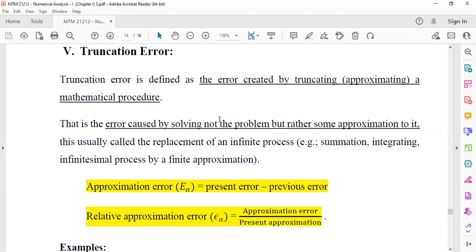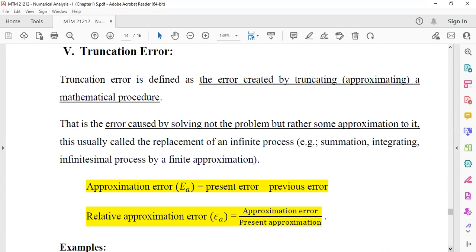So the problem is not the error, the approximation is the error. This is usually called a replacement of an infinite process. Like 3.14 something goes up to an infinite number, so we cut it off somewhere. Summation, integration, infinite process: in these situations, we'll have this kind of error.